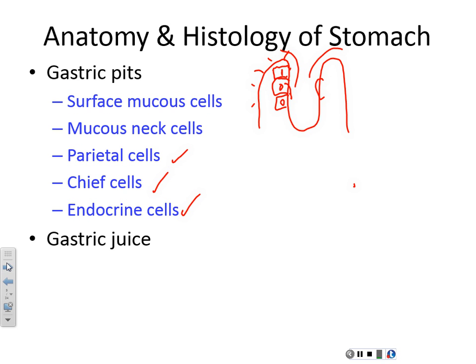Gastrin, a hormone, which causes contraction of the stomach and so forth, and also produces histamine. Histamine brings a bunch of blood to the digestive system, because histamine is normally an inflammatory agent, right? So you've got to know all these cells lining the gastric pits and what they're doing. Most of the time, the name tells you what it's doing, and where it is too.